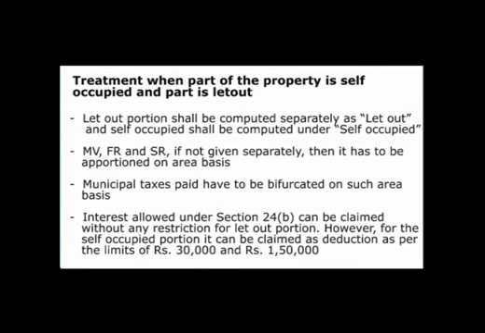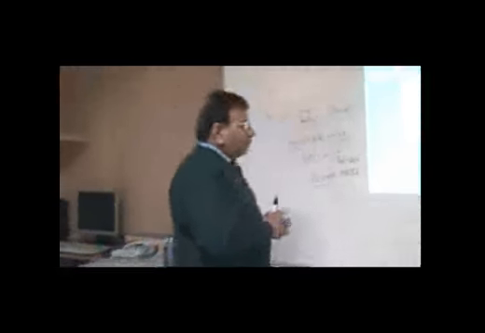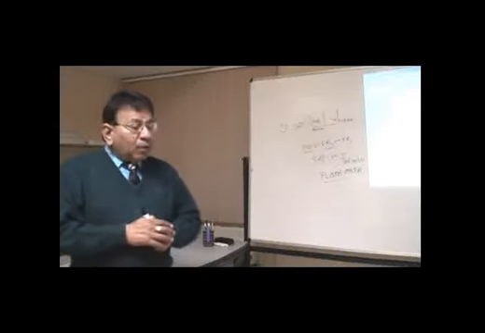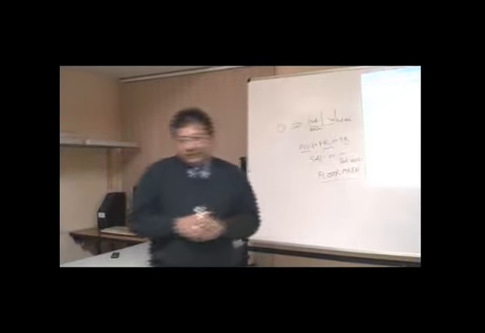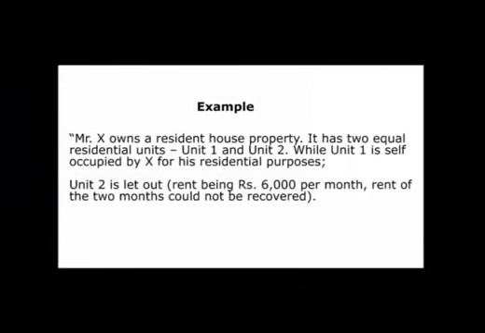However, for the self-occupied portion, it can be claimed as a deduction as per the limits of 30,000 per annum and 1,50,000 per annum. That depends upon the amount of loan where it has been taken. So these are the points which have to be considered. Now this concept can be explained with the help of an example. We can see the example.